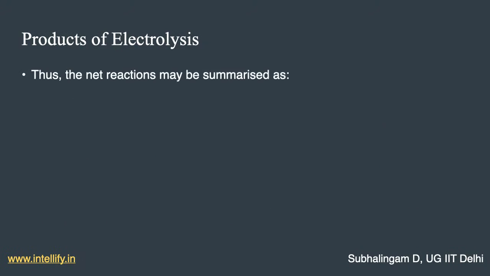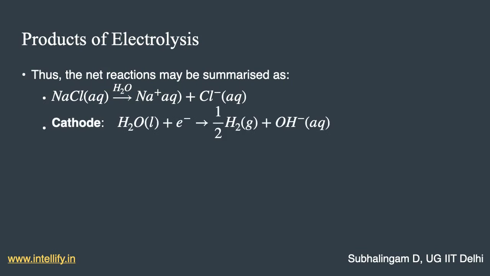Thus, the net reactions may be summarized as NaCl aqueous in terms of H2O giving Na+ and Cl-. That's a normal thing, and that's not the reaction we are looking for.